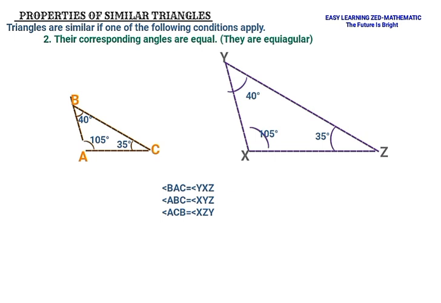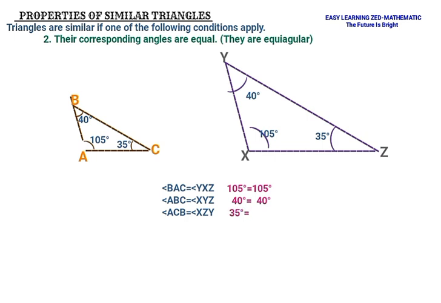Okay, so we have 105 degrees for angle BAC, and we also have 105 for angle YXZ. These angles are equal. The reading is just the same. We can also look at angle ABC, which is 40 degrees, as well as angle XYZ, which is 40 degrees.